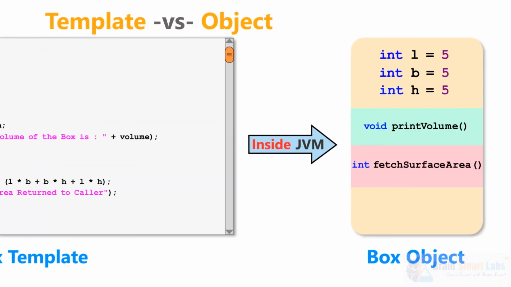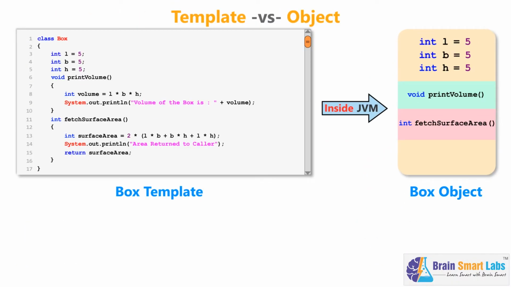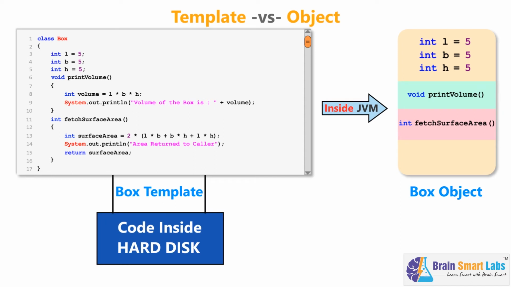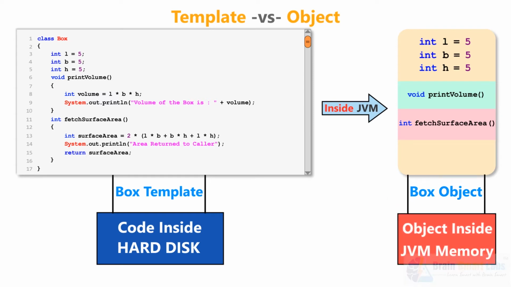Whereas a box object which gets created inside our JVM is a real object that has life, and only this object can be used by a programmer in his programs. The code you see to your left is nothing but a plain piece of template which is present inside your hard disk, whereas the object you see to your right is nothing but a virtual instance of this code present in real time inside your JVM memory.